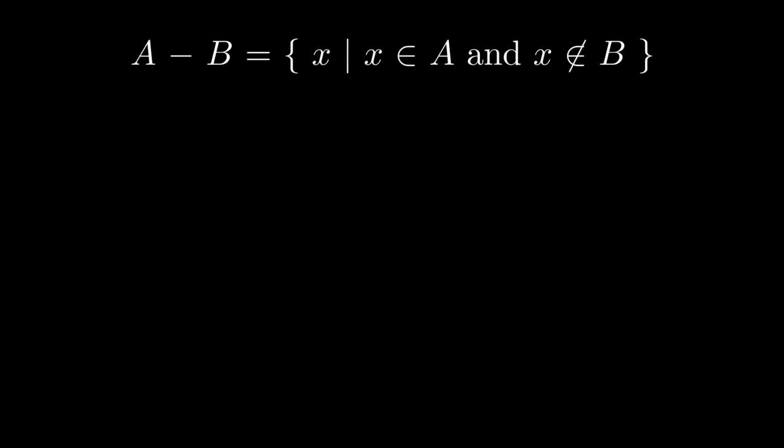The complement of a set is the set of elements unique to one set. This is quite similar to how the negative numbers work.